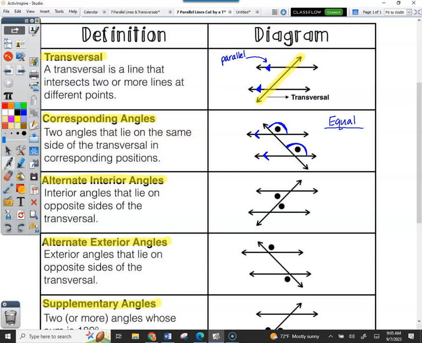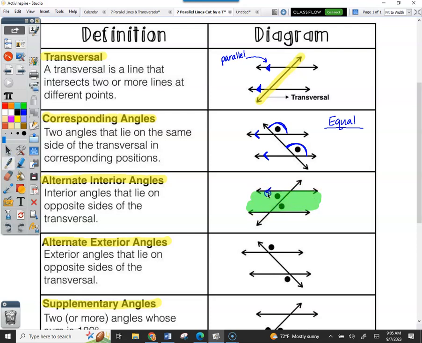All right, which brings us to the next one. Alternate interior angles. The name is literally telling you where to go. Alternate means you've got one on each side of the transversal. Interior means you are inside the 2 lines that are parallel. Let's make a note.